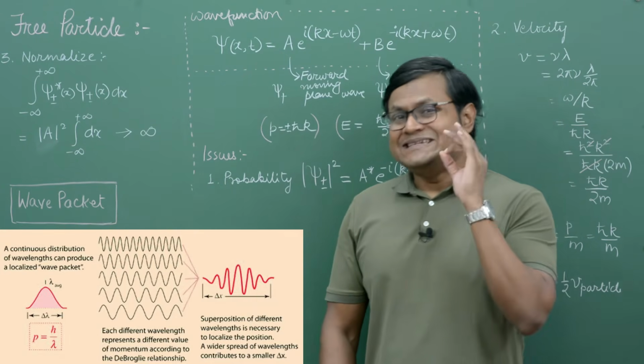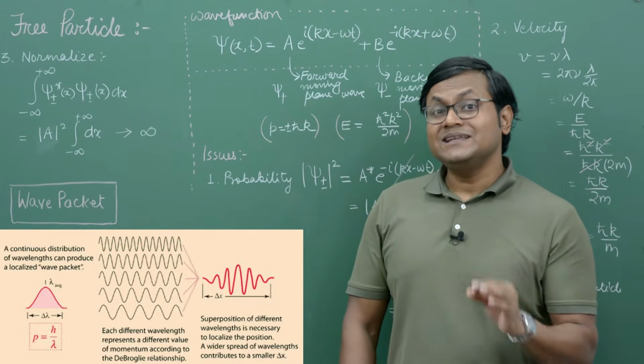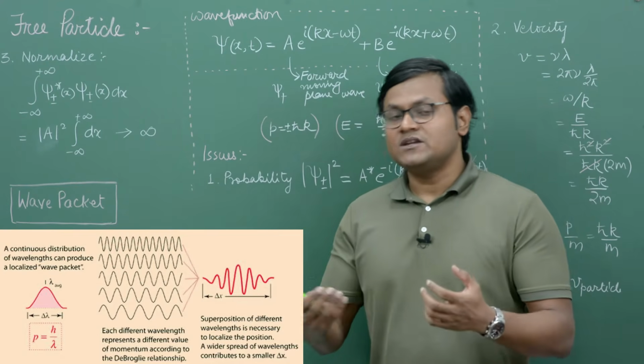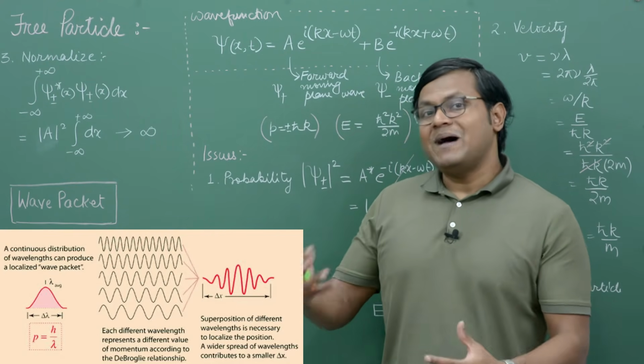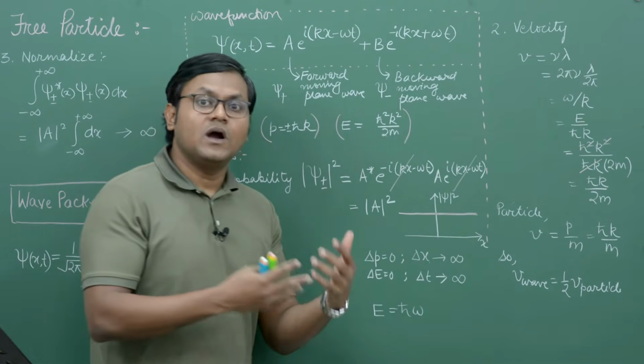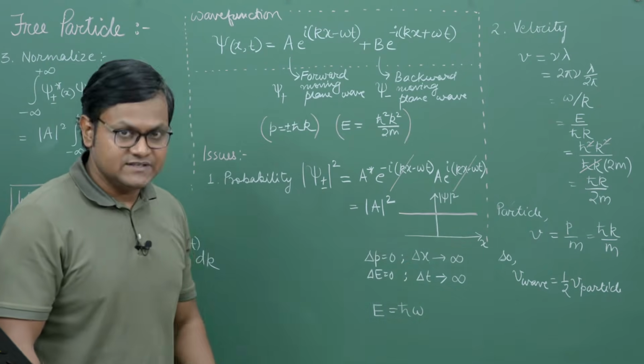There is no definite momentum or definite energy associated with the free particle. In fact, there is a spread in the position as well as the momentum associated with this kind of a wave packet distribution, which essentially corroborates the Heisenberg uncertainty relationship, and therefore we avoid this kind of a scenario.